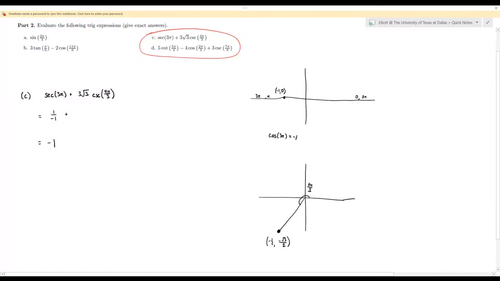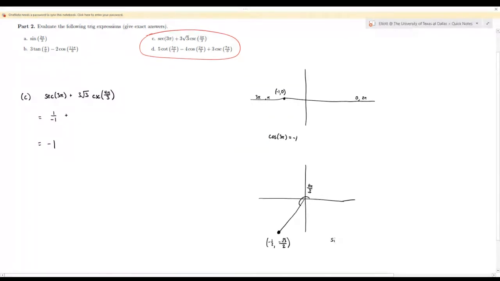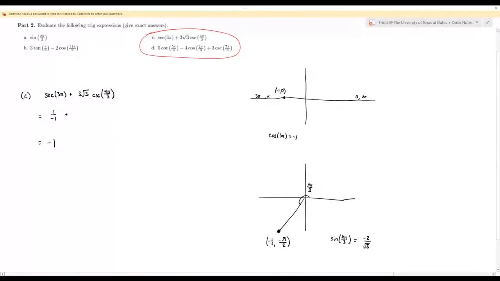And then I know cosecant is 1 over sine, so sine corresponds to the y coordinate. So sine of 4 pi over 3 should be negative 2 over root 3. So cosecant, though, is the reciprocal.